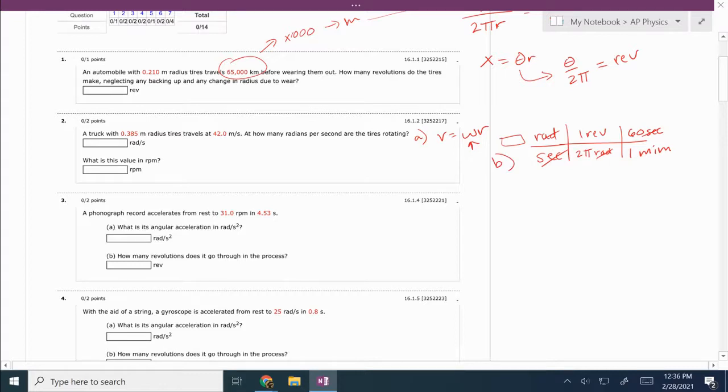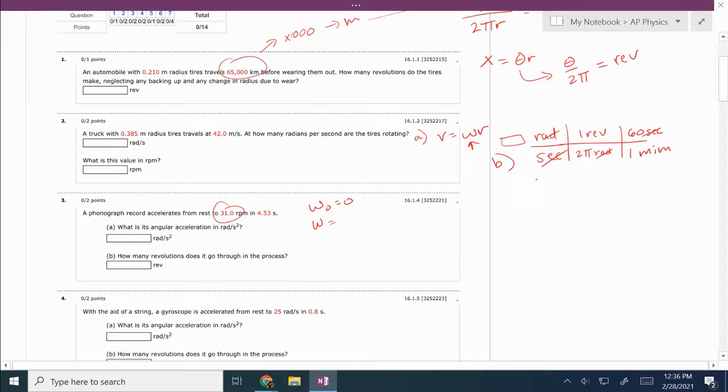For number 3, it says the phonograph accelerates from rest. So that tells you your initial omega would be 0, and then the final omega is given. I would do the reverse train track method to get it into radians per second.